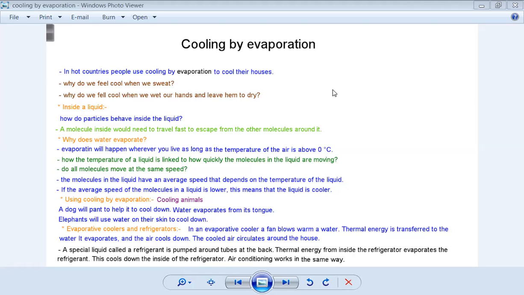Mohammed? 1.60, 1.59, something like this. Okay, 1.60, let's say. Fatima? 1.64. Okay, so who are the tallest ones? Naim and Fatima.